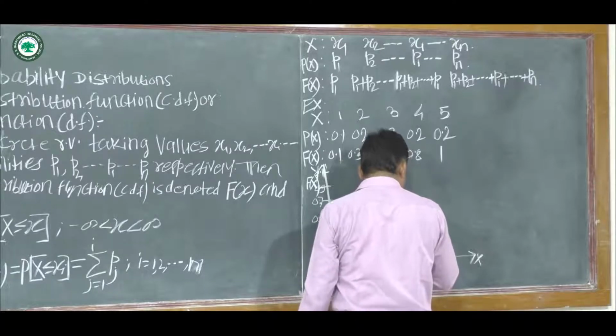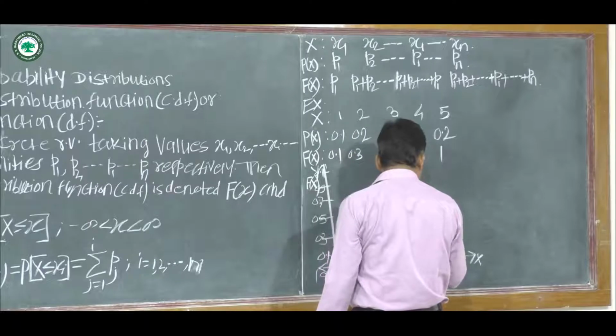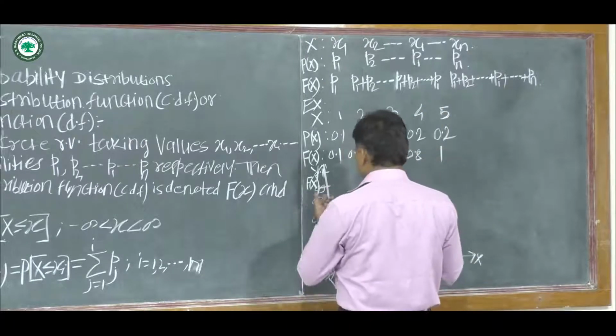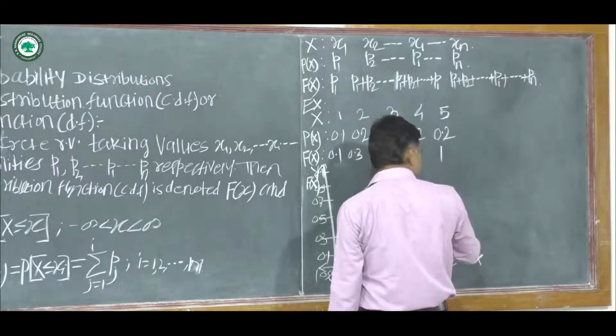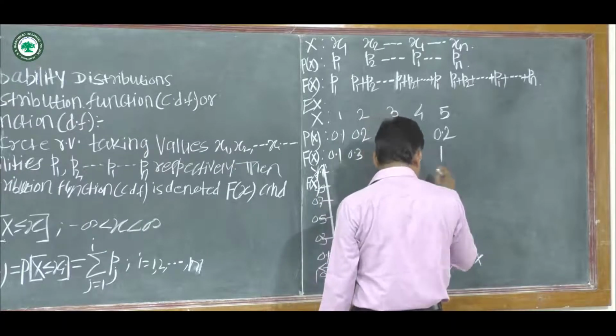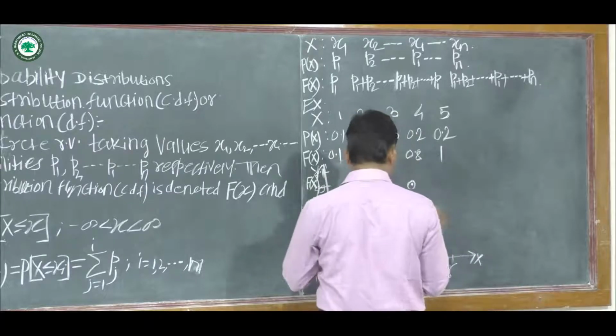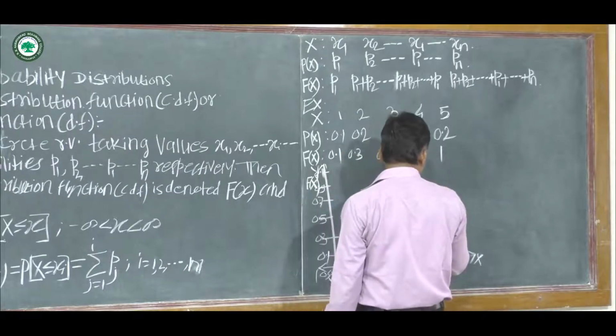At x equal to 4, the function changes and is 0.8. Then in between 4 to 5, the function is constant.